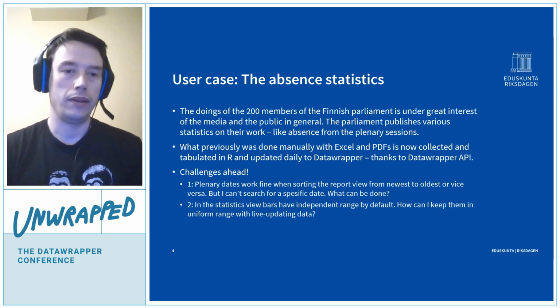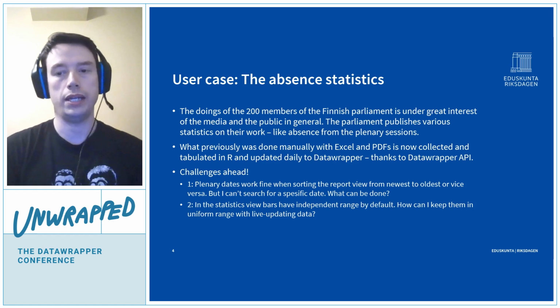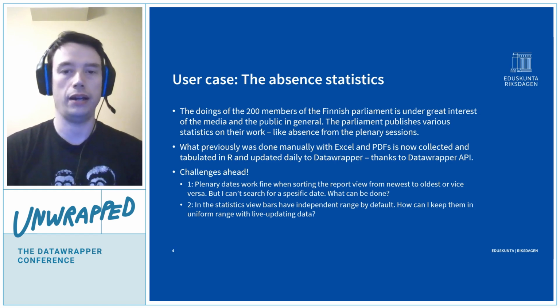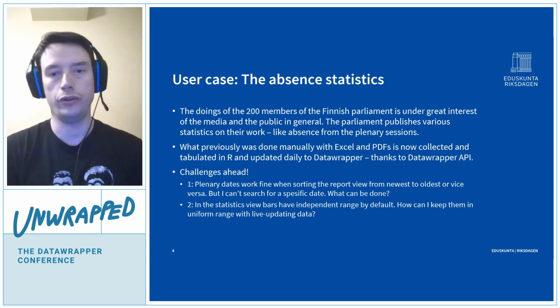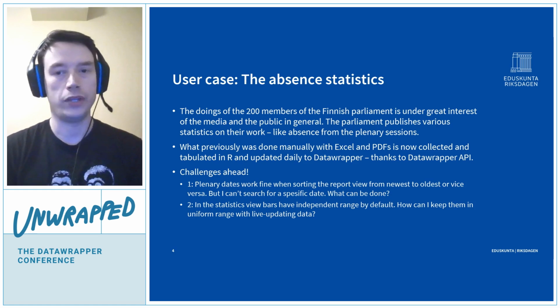But with dates, it isn't possible to search for a specific date. So is there anything you can do? You can switch the dates into text, but then again, the ordering of rows wouldn't work. So there was a problem to be solved.